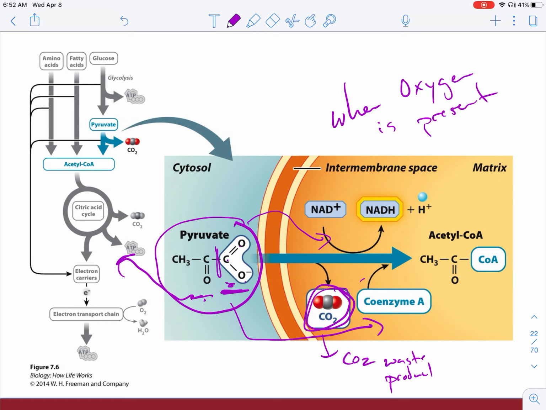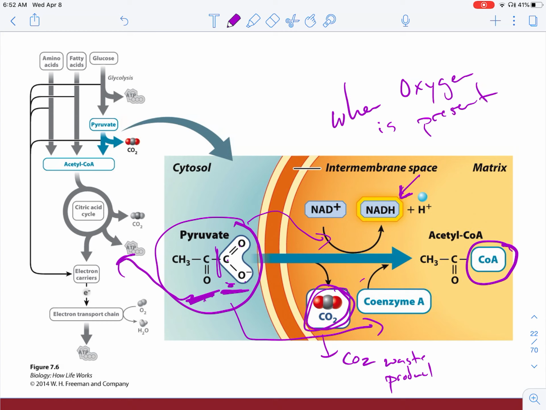And then you take the remaining group, the CH3 CO, and you link it to an enzyme called coenzyme A. Now we will see that every time we remove a carbon dioxide, we generate an NADH. And remember, there's a lot of energy in those NADHs.